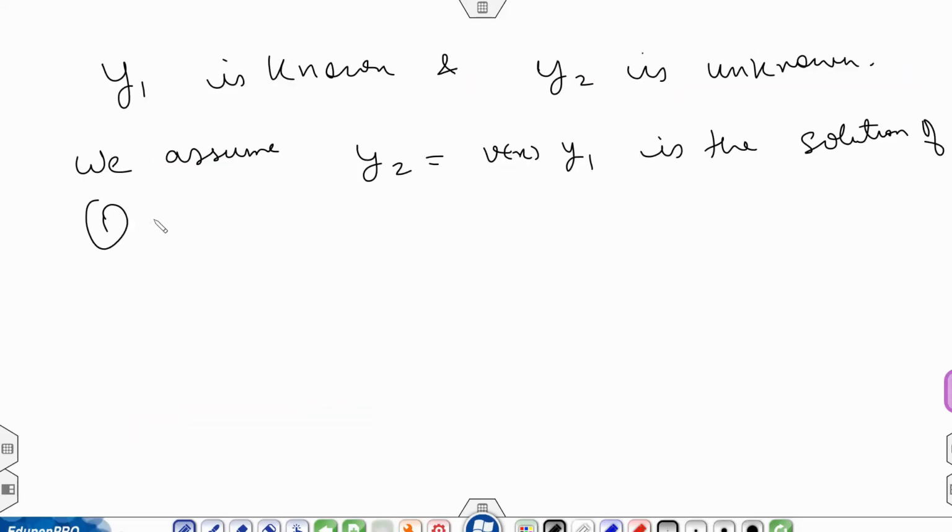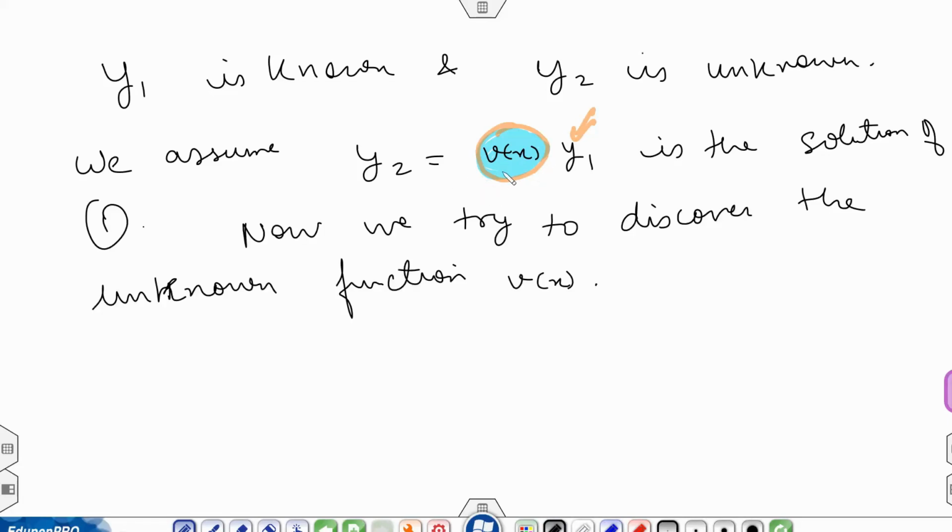And what we do is we will try to discover this unknown function v(x). Y1 is already known to us. So if somehow we discover this v(x), our problem will be solved. So let us see how we can discover this unknown function v(x).